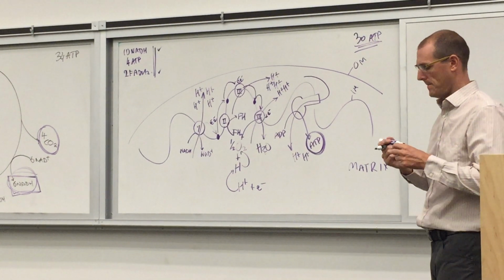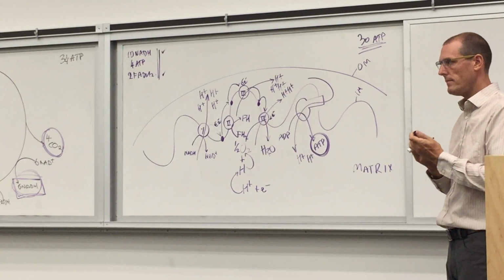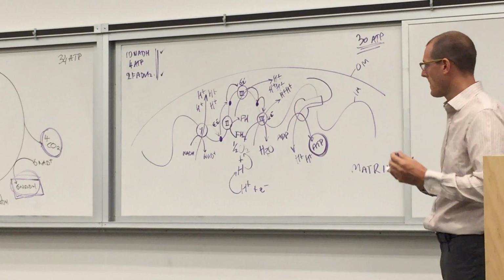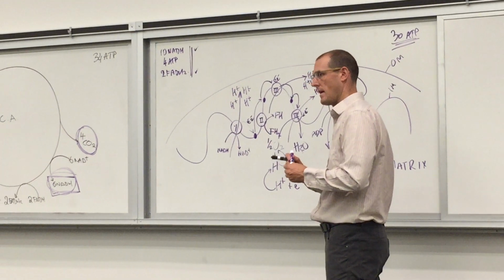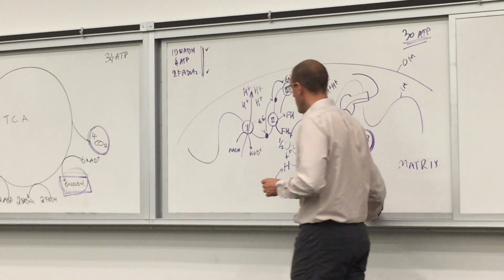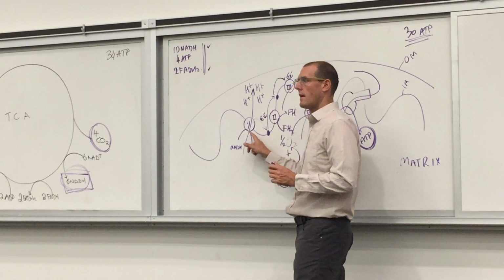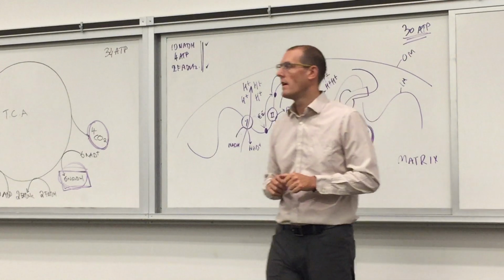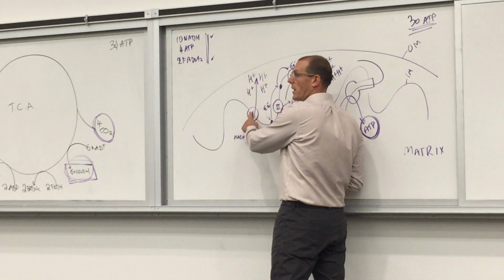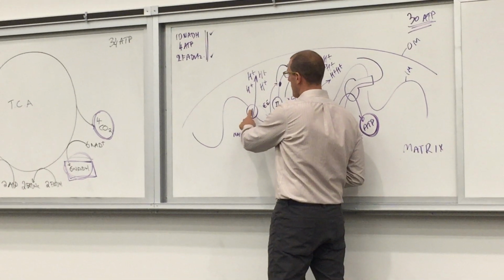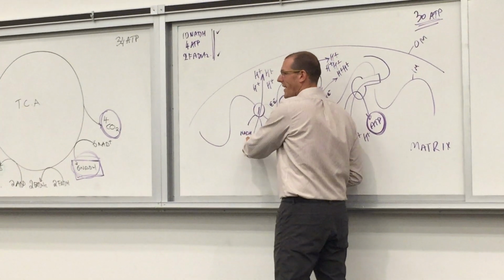Yeah? In the electron transport chain, where NADH turns into NAD plus in complex 1, is that happening in all of the other complexes as well, or just that one? NADH can only be oxidized by complex 1. That's because complex 1 can recognize NADH.